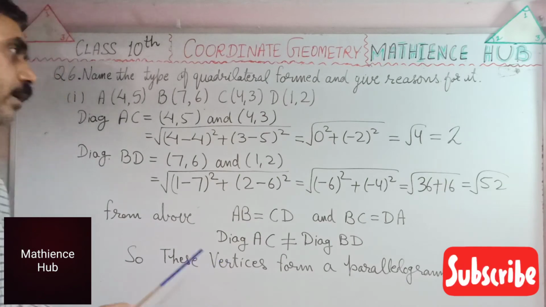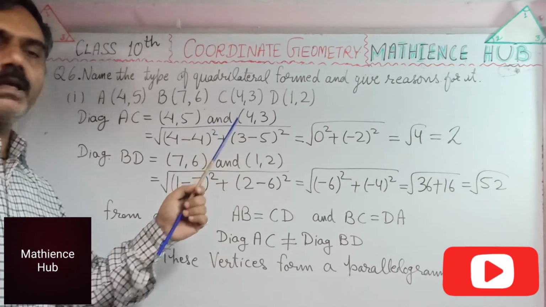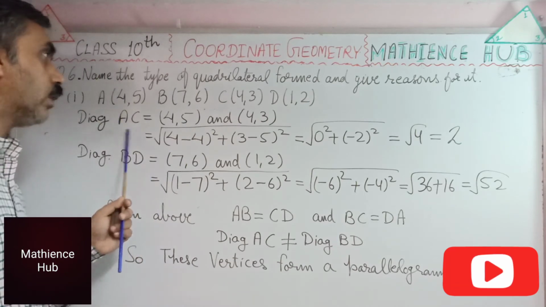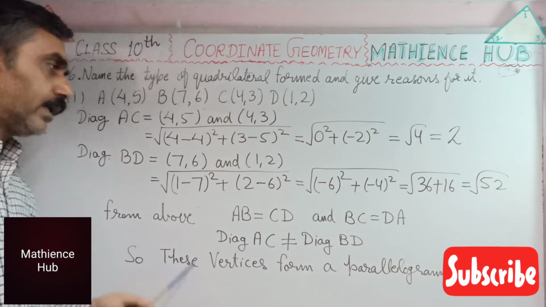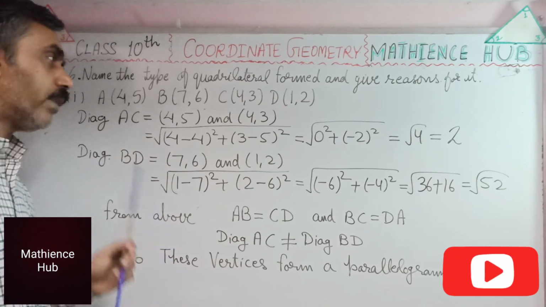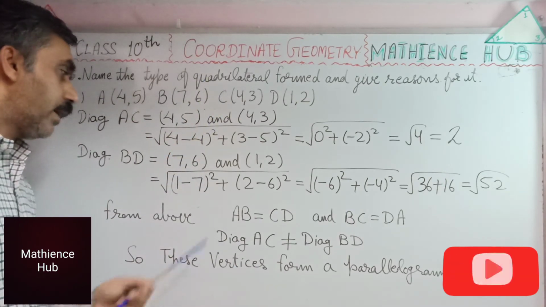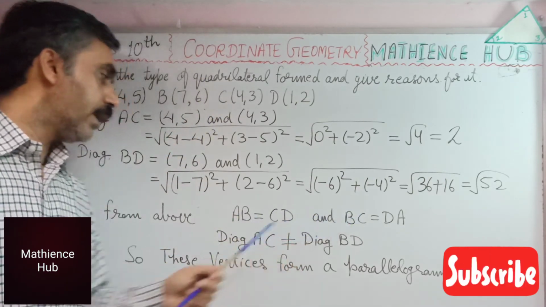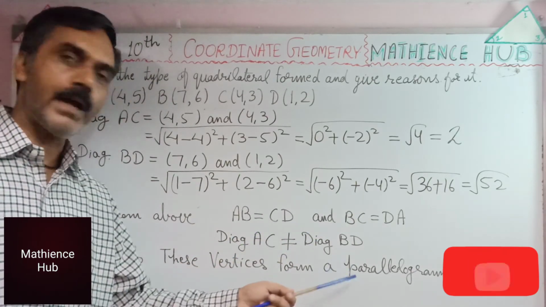So you see, in all such questions, 4 vertices are given and you check all. When you check any quadrilateral, you do the same work, learn the properties of the quadrilaterals, and then give the answer. If opposite sides are equal and diagonals are not equal, these vertices form a parallelogram.